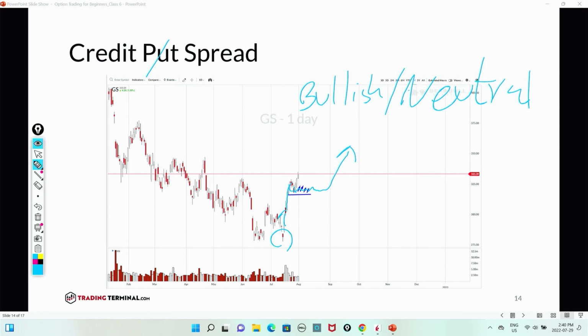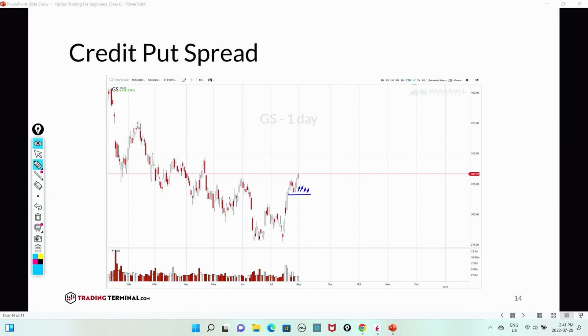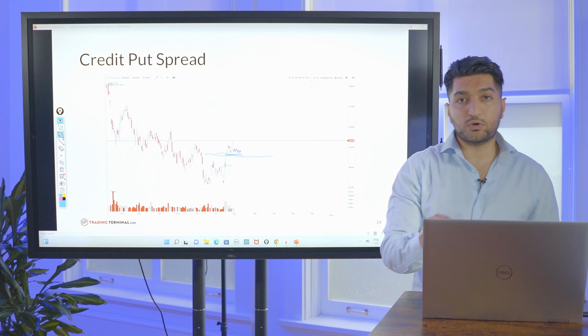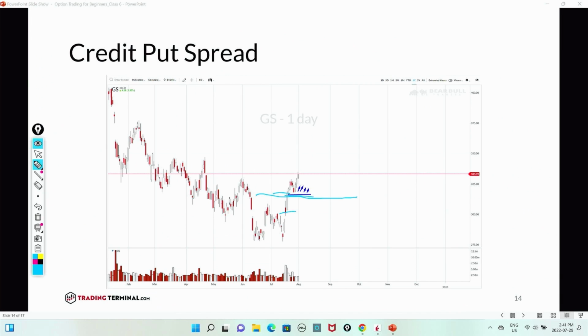This is what the fundamental data is telling you as well. The stock gapped up and rallied about 10% after earnings, so this shows that the stock is very strong. As a trader, you're looking at this chart and it seems like this area right after this massive candlestick is an area of support that will not break. So basically what you're betting as a trader is that Goldman will not come below this 330, around 320 level.